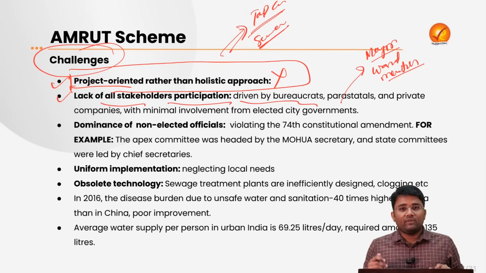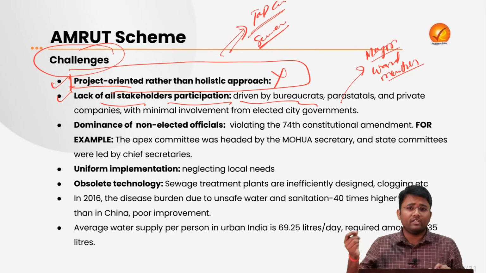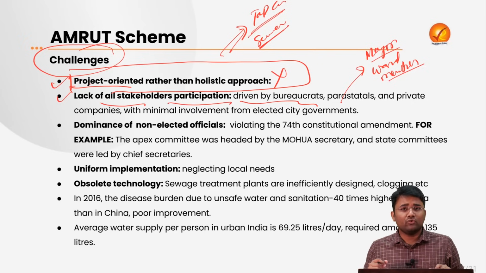It becomes very difficult for the scheme to be implemented properly when they are not being consulted and not being involved, because these ward members understand the situation of their city very well, rather than a bureaucrat who is coming from outside. These ward members understand the problems and the needs of that city very well. So when there is no or very little involvement of these elected representatives, it becomes very difficult for proper implementation of the scheme.